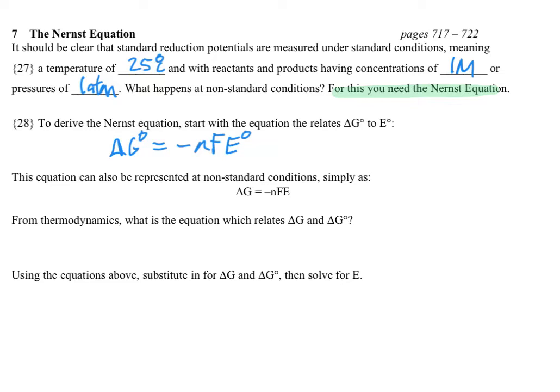All right. Now, we, of course, could have the non-standard state conditions of this very same equation, which we're just dropping the superscript zeros. And this is going to bring back another connection to thermodynamics.